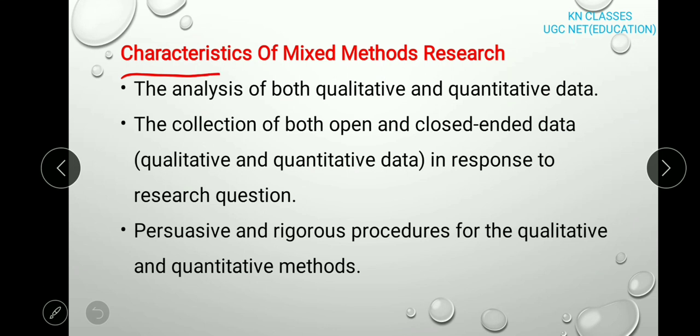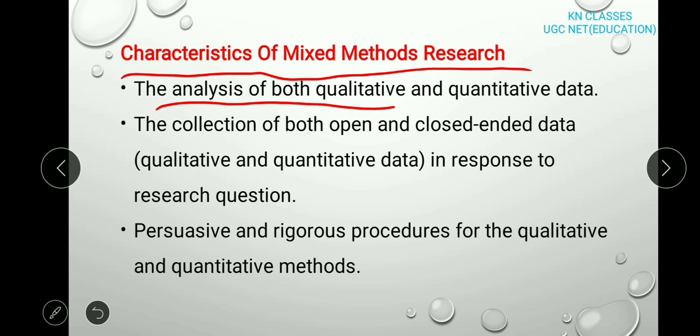Now we come to the characteristics of mixed method research. What are the main characteristics of mixed method research design? The first one is the analysis of both qualitative and quantitative data. The second is the collection of both open-ended and close-ended data in response to research questions. Open-ended data is qualitative, and close-ended is quantitative.